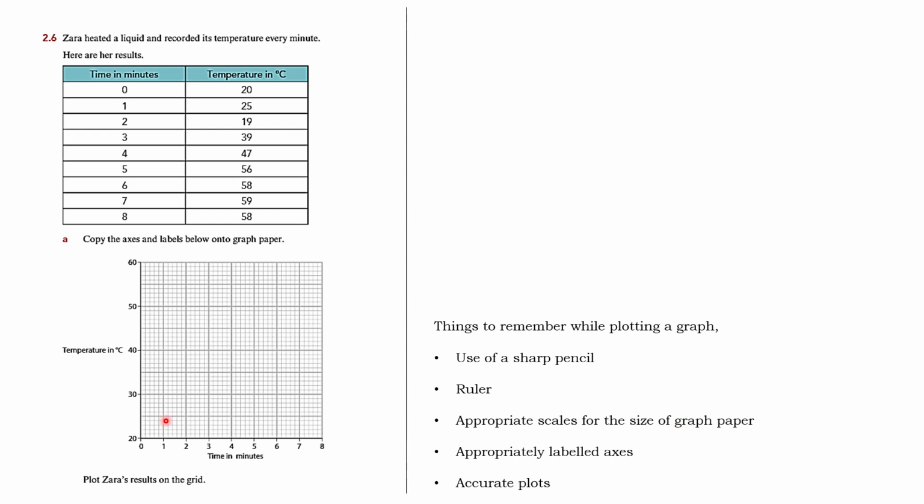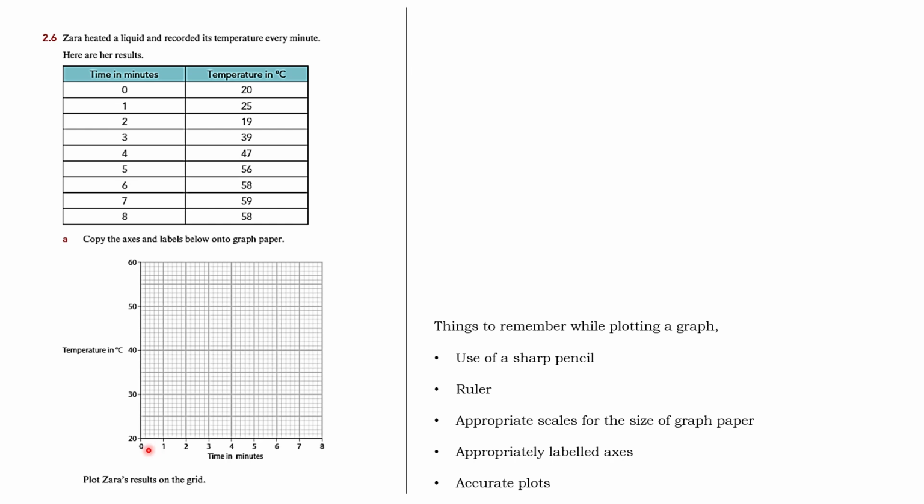Now, suppose we take the example of this particular data given, so we can see that the axis values given, or the scale given, is as follows: 0, 1, 2, 3, 4, 5, 6, 7, 8. So here they have taken a difference of 1 unit, and we can see that it is clearly covering the whole graph paper.